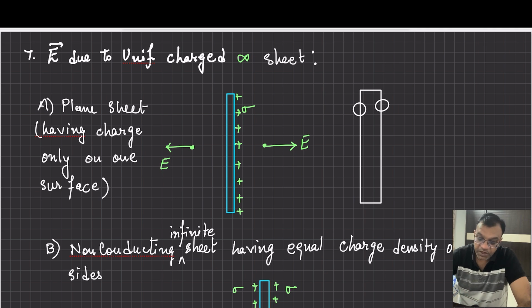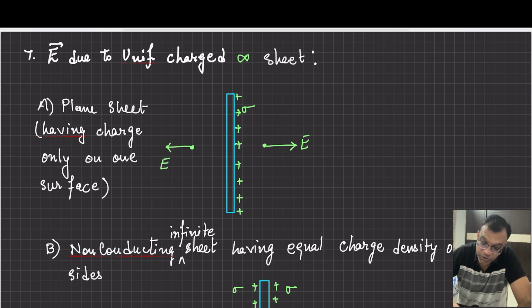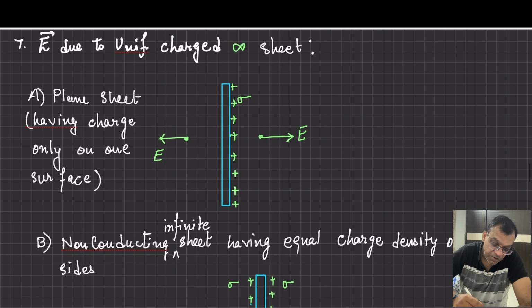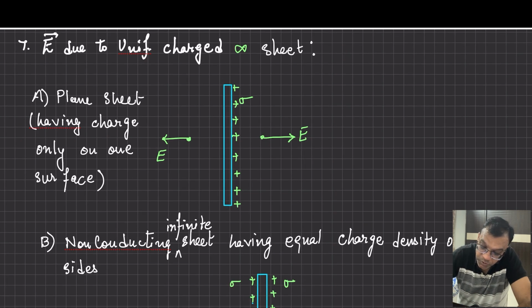So if we have the charge only on one face, the right side face as shown in the figure, then the electric field intensity at any point near the sheet is given by E is equal to sigma upon 2 epsilon naught. Electric field on the right side of the sheet is sigma upon 2 epsilon naught.